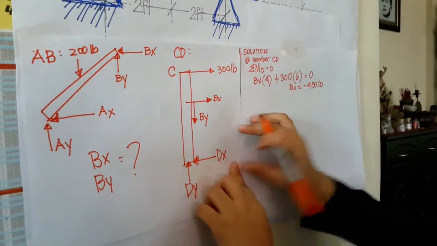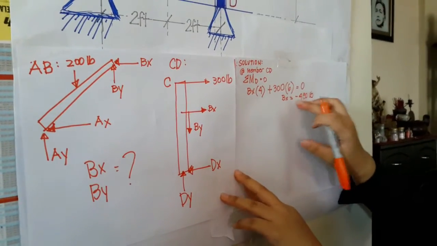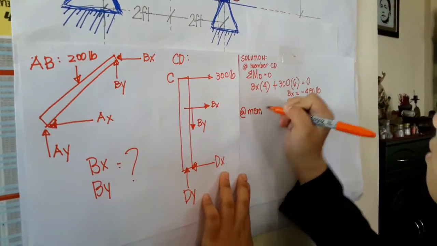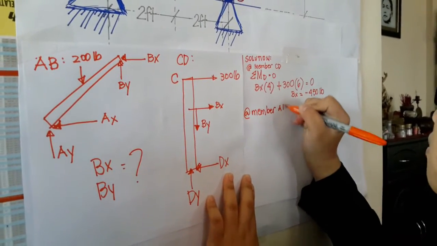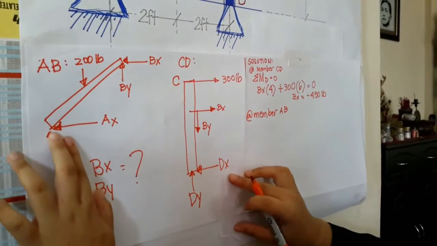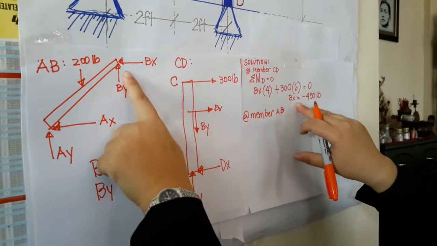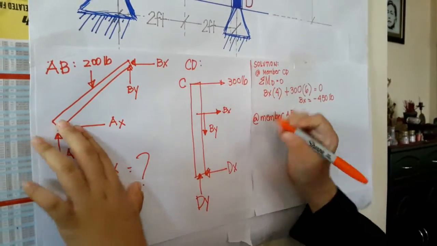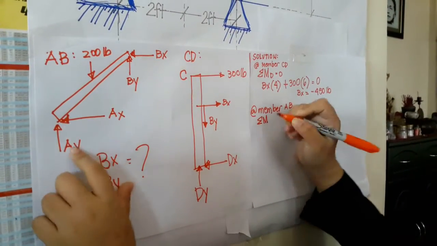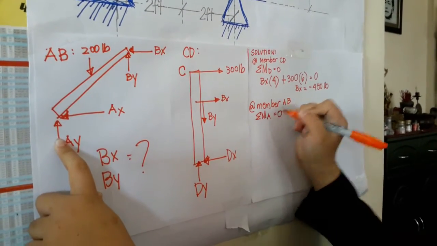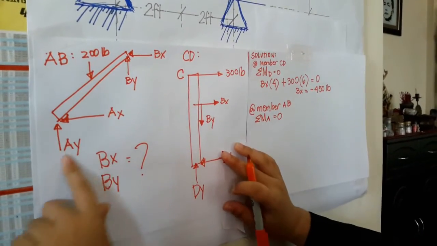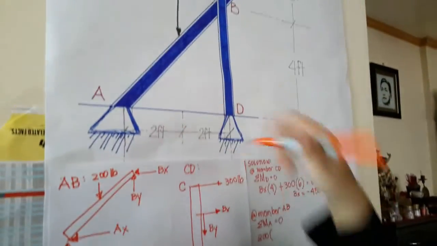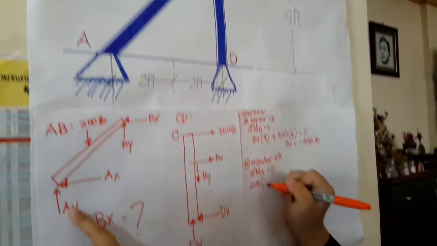Let's keep the negative 450 as is. At member AB, because we have the value of Bx, we are going to find the value of By. Let's take the summation of moments at A equal to 0 again because it's stationary. The 200-pound force is clockwise, so it's positive, and the distance is 2.